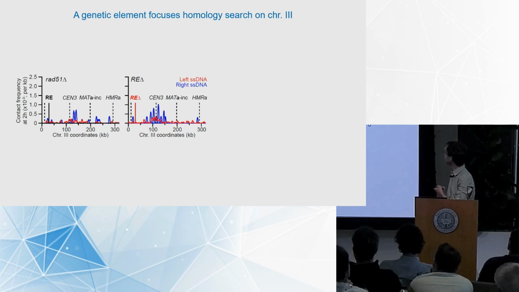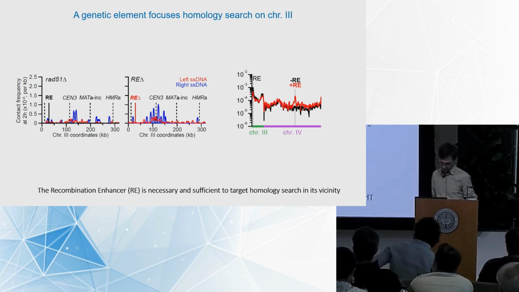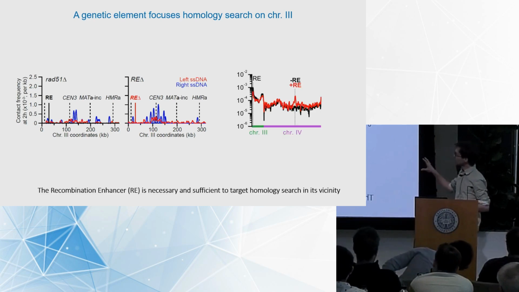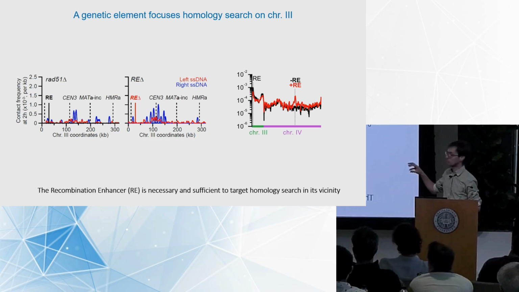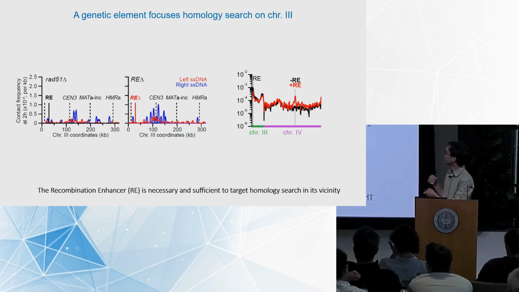And this is obviously dependent on this recombination enhancer, as if you knock it out, chromosome 3 is not contacted more than any other chromosome. So to verify that the recombination enhancer was sufficient outside of the context of chromosome 3, we just inserted it in the middle of the long arm of chromosome 4, and you can see that it is sufficient to attract the filament. So it means that in the genome there are elements that are capable of engaging and focusing homology search at certain sites.